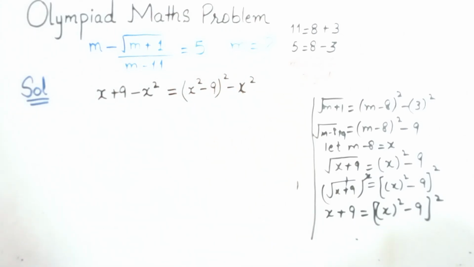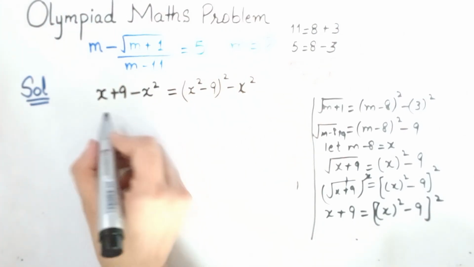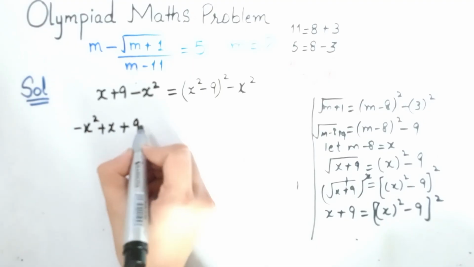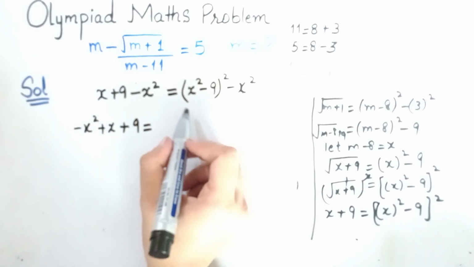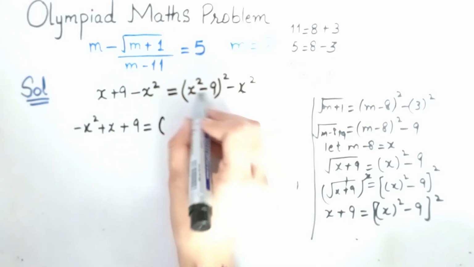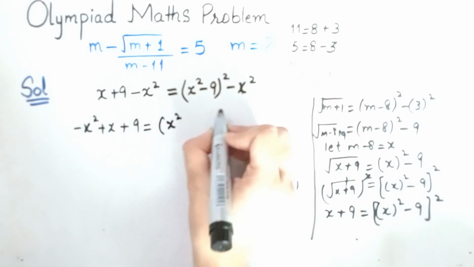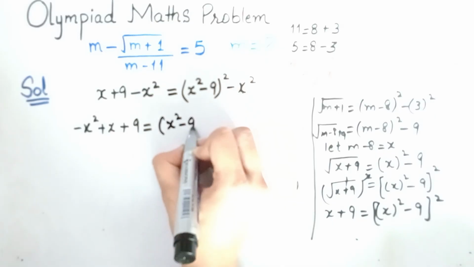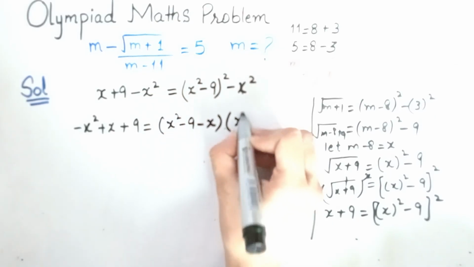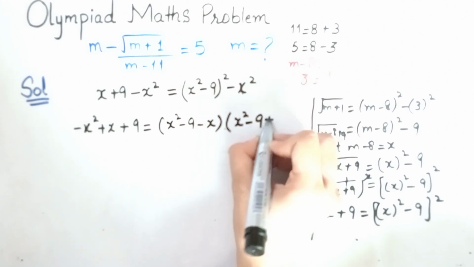Now we will apply the formula again. We get x square plus x plus 9 equals, here we again apply the formula of a square minus b square: (x square minus 9 minus x) and (x square minus 9 plus x).